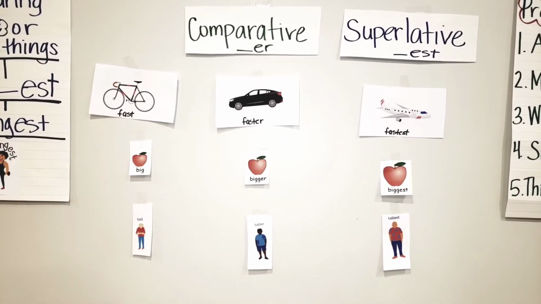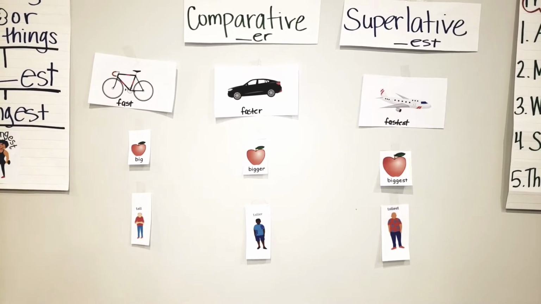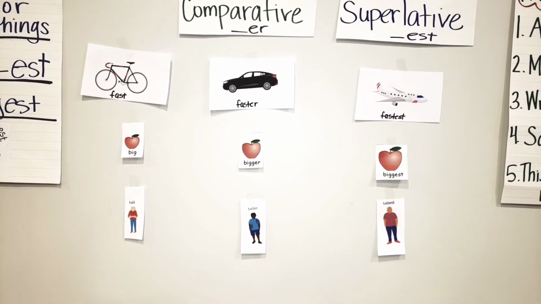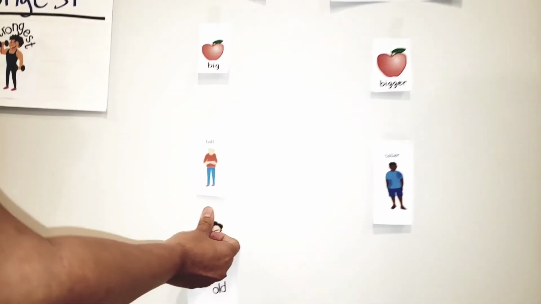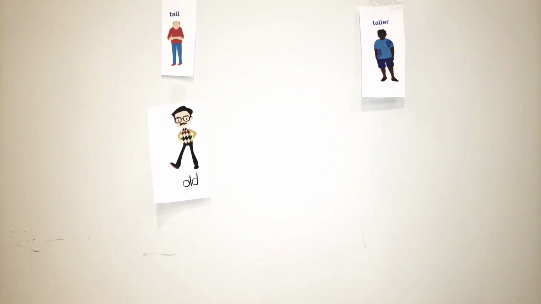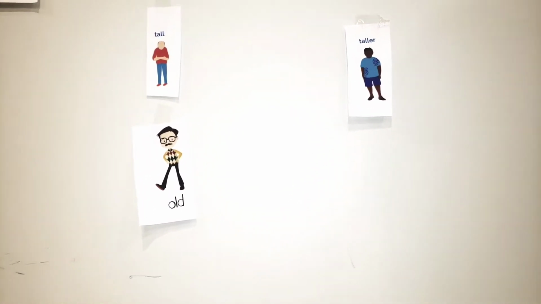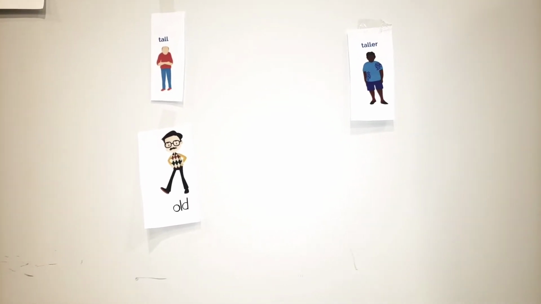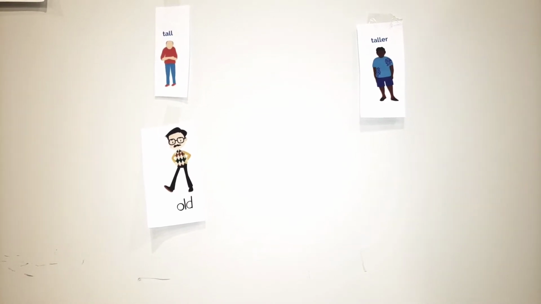Now, the next adjective we're going to talk about is old. The man is old, but that man is, I love it. Tell your partner, tell your neighbor, tell your mom. Perfect. The man is older. I'm comparing two things.